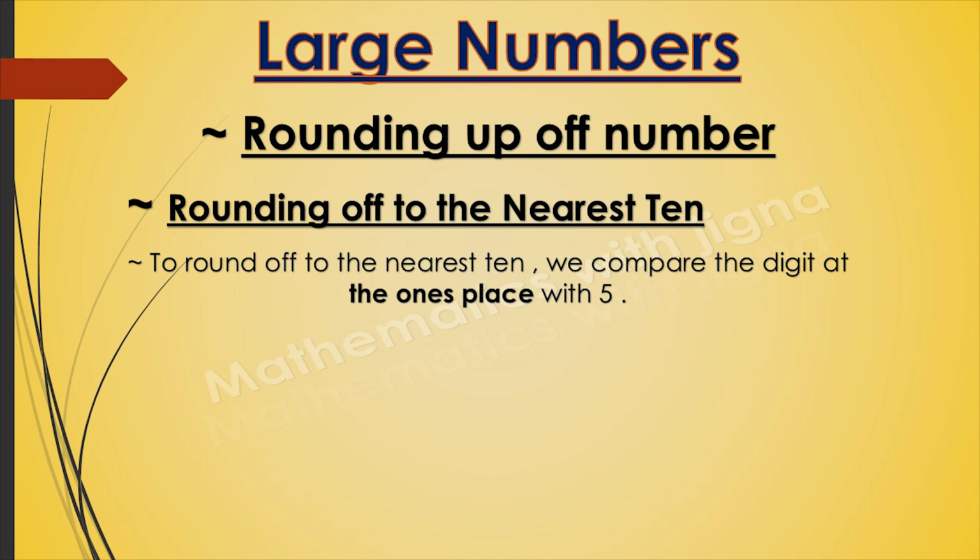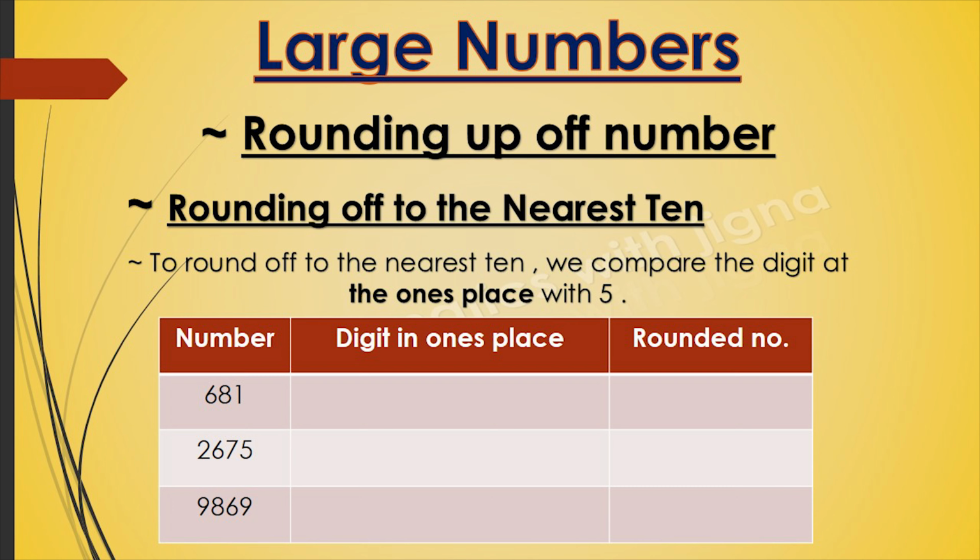And if the digit in the ones place lies from 5 to 9, meaning it is equal to 5 or more than 5, then we round off the number by increasing the digit at tens place by 1 and writing 0 in the ones place.